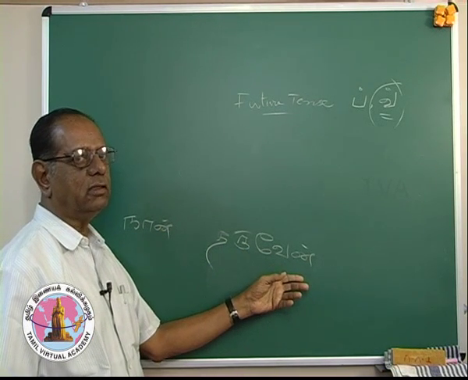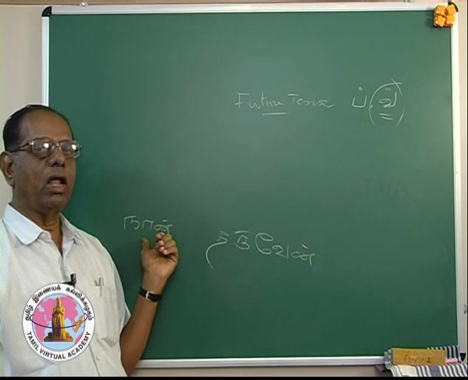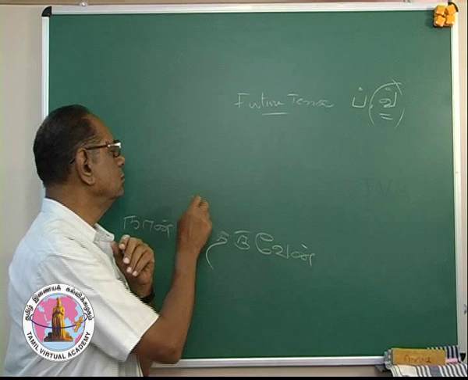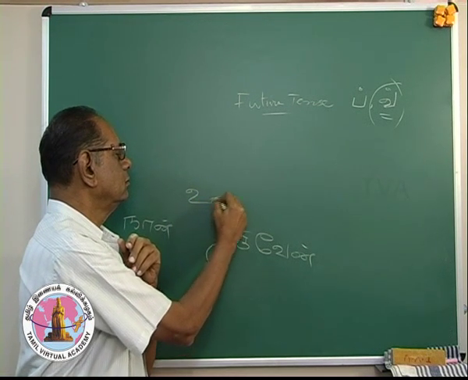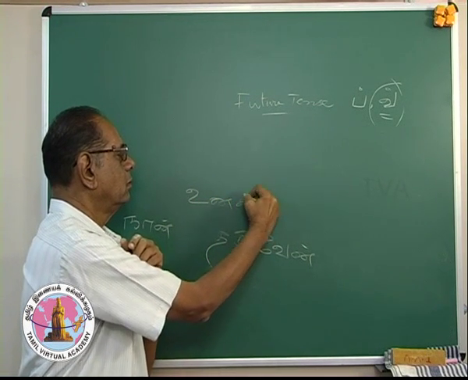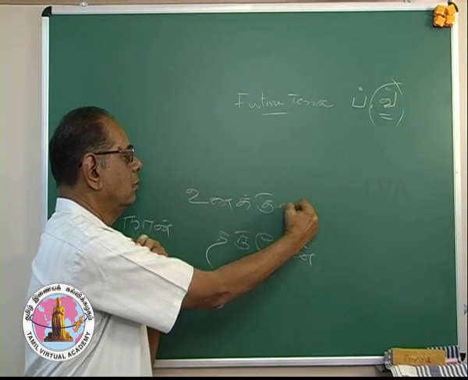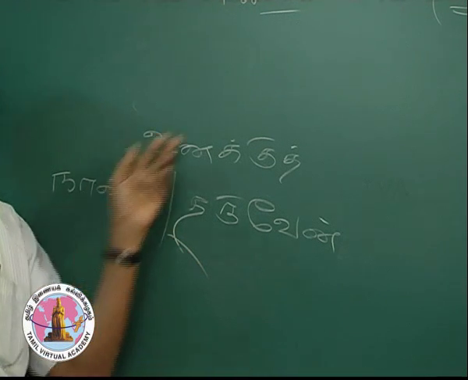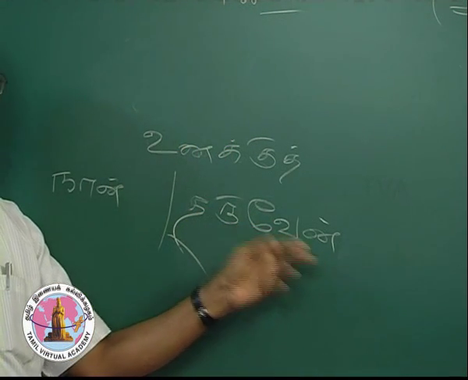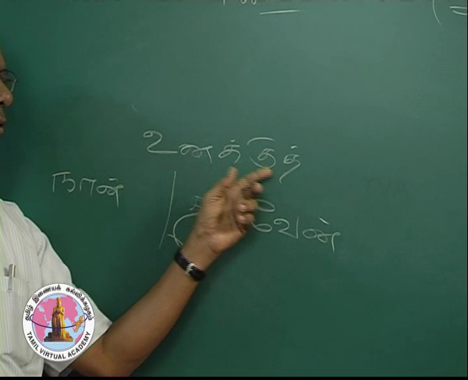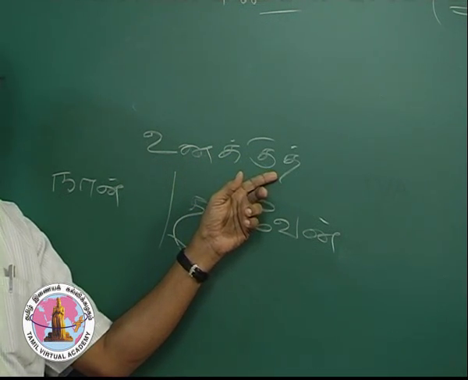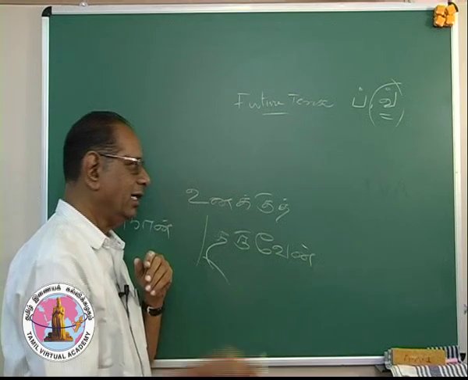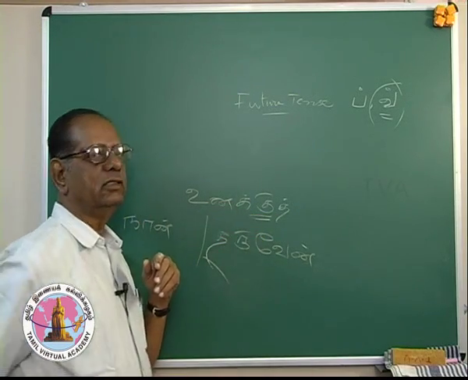Taruvain is first person singular. So the subject is nan. Nan taruvain. Nan unakku taruvain. Can you locate the case marker here? This is dative case.